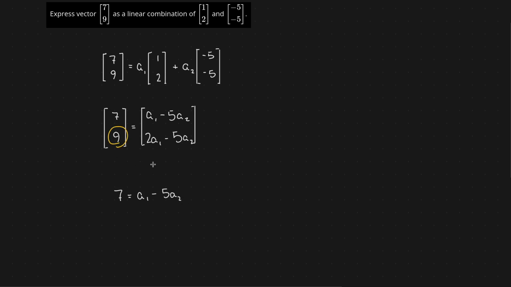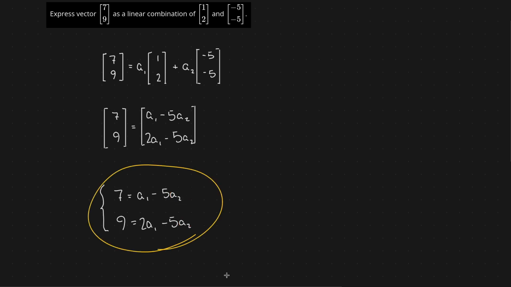And if I equate the second component on the left with the second component on the right, I get 9 equals 2a1 minus 5a2. And so we actually get a system of equations where the variables are the scalar values of our linear combination, a1 and a2. So if I could solve this system of linear equations, I have my answer.